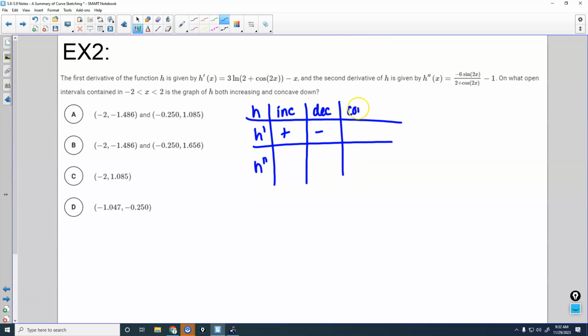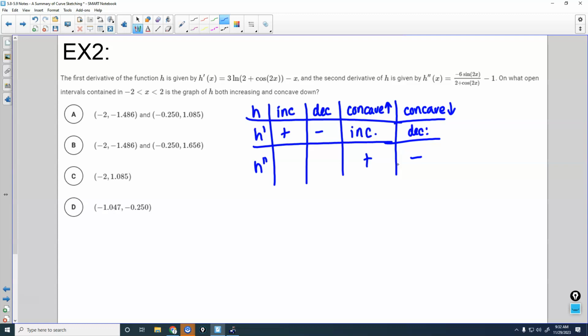If I'm concave up, then my second derivative will be positive, which means h prime will be increasing. Concave down will be decreasing, and negative here. So they do give you the second derivative, and you could look at the sign of the second derivative there.